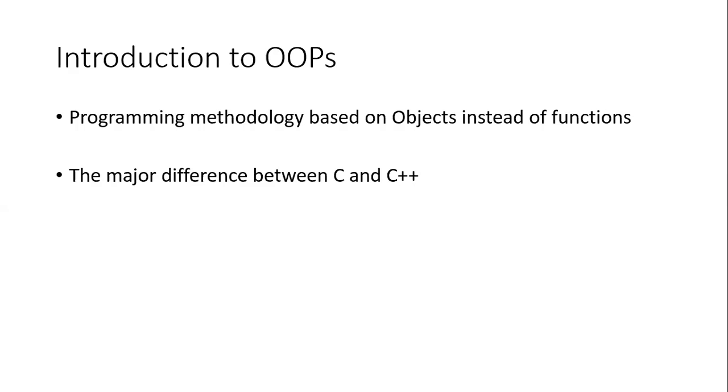In C, we use functions and procedures, whereas in C++, we use classes and objects. So instance variables are used in C++. So these are the major differences between C and C++. Using a C++ compiler, you can compile a C program also, but not vice versa.